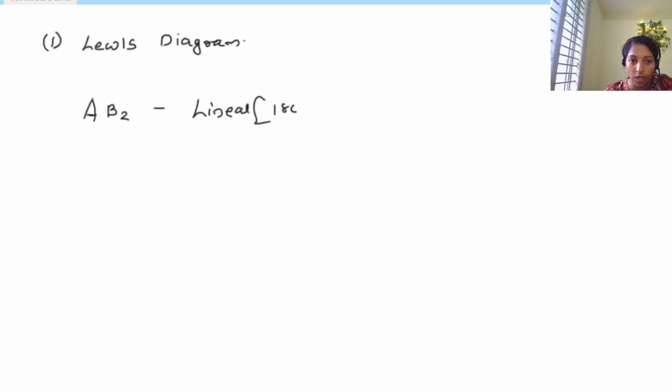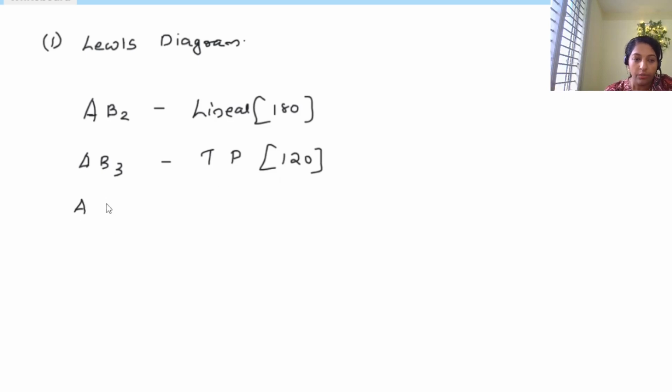So now I'm just concluding all the stuff. It's very easy. First step, draw the Lewis diagram and then categorize. For example, if it is an AB2 type, what do you mean by AB2 type? A is the central atom and two bond pairs are there. Then the shape is called linear and the bond angle is 180. Okay, right. Then if it is AB3, then it is trigonal planar and the bond angle is 120.